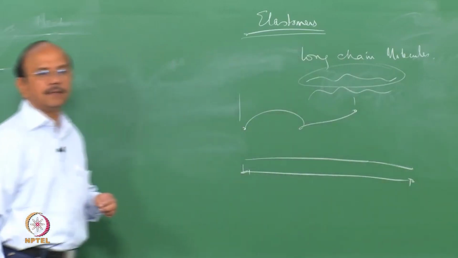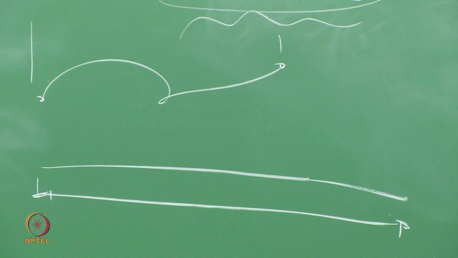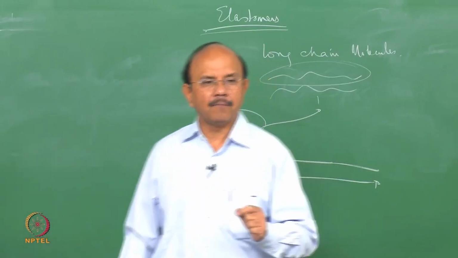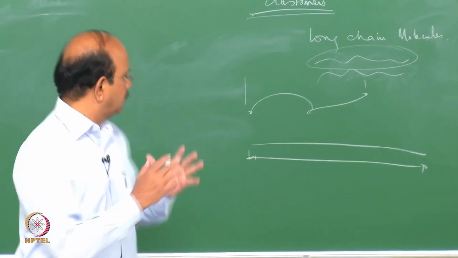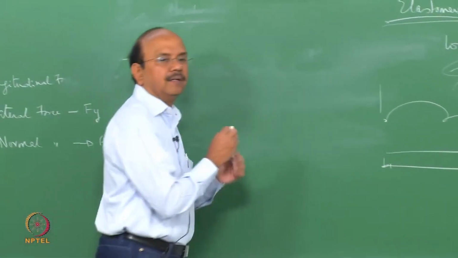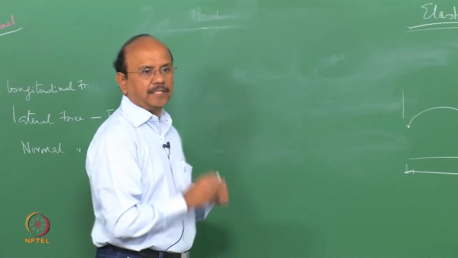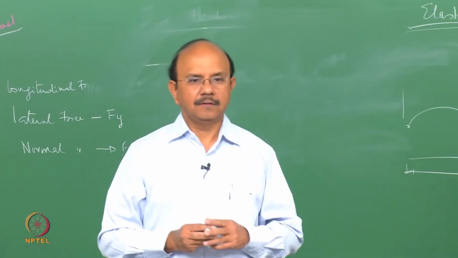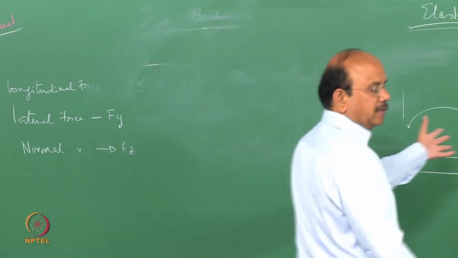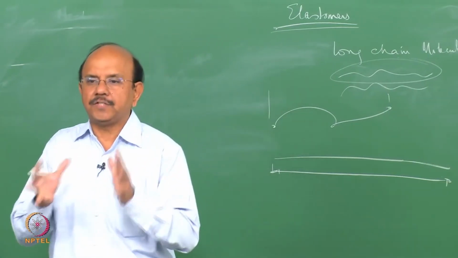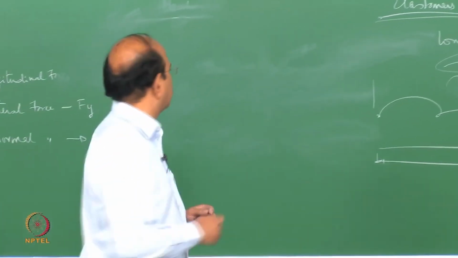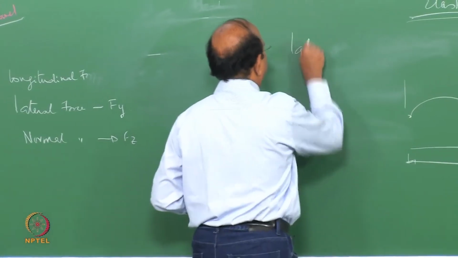that's the final length. The first point you have to notice is that this stretching is different from the stretching that you would notice in a metal. For example, if you look at steel, steel does not have molecules like this, obviously, and the elastic behavior of steel is due to what is called lattice deformations.